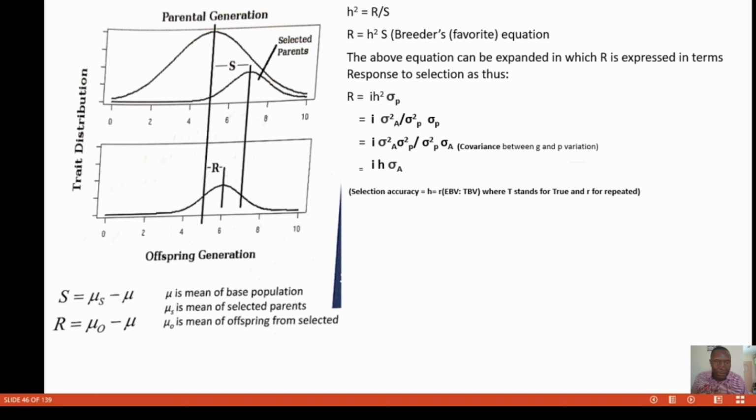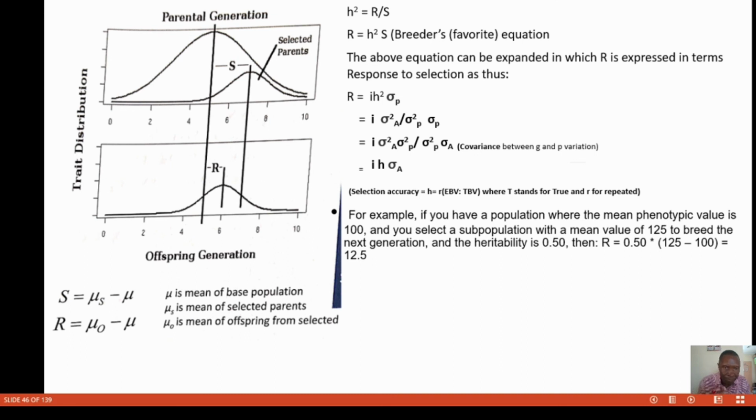And we are told that we can determine the selection accuracy by taking the true value and the estimated breeding value, which we'll see later.